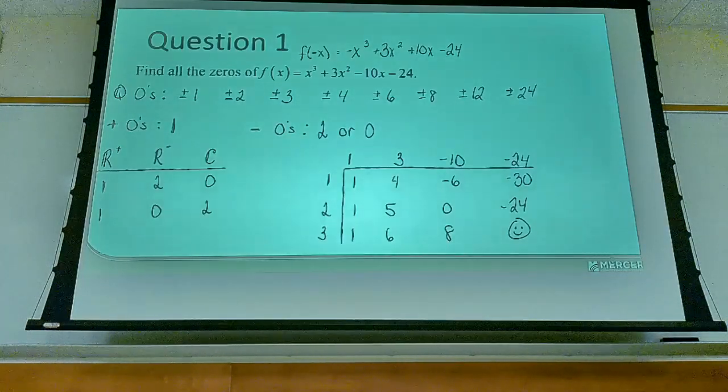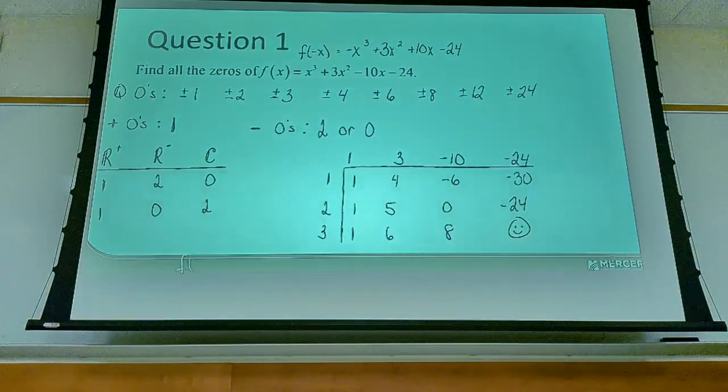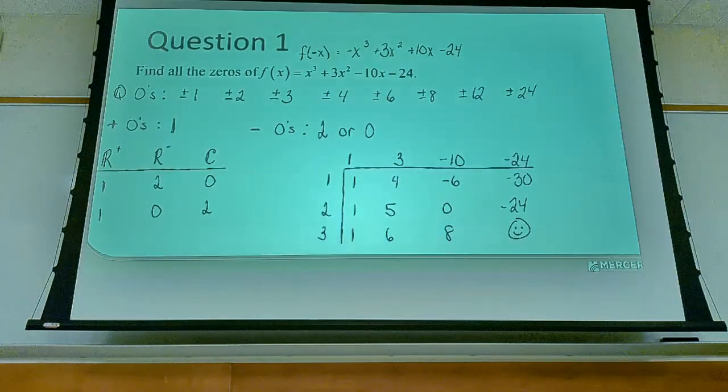Rewrite f of x. F of x plus 3. Do it down here. I'm kind of out of room. You know x minus 3 is a factor. When you factor it out, what are you left with?